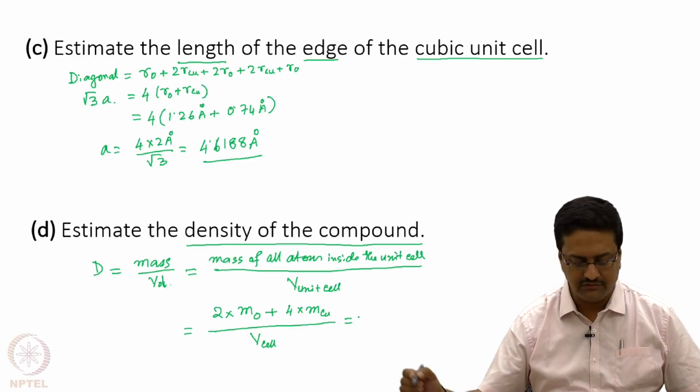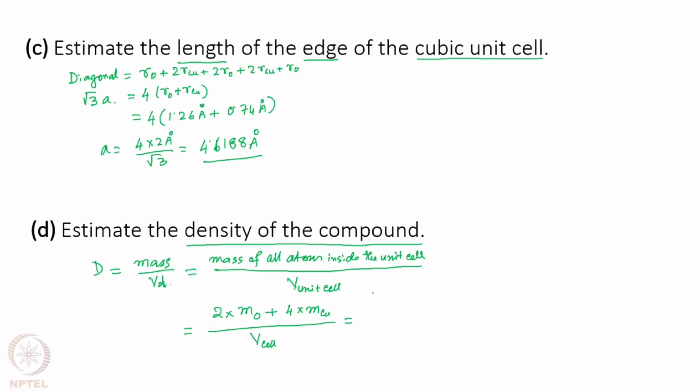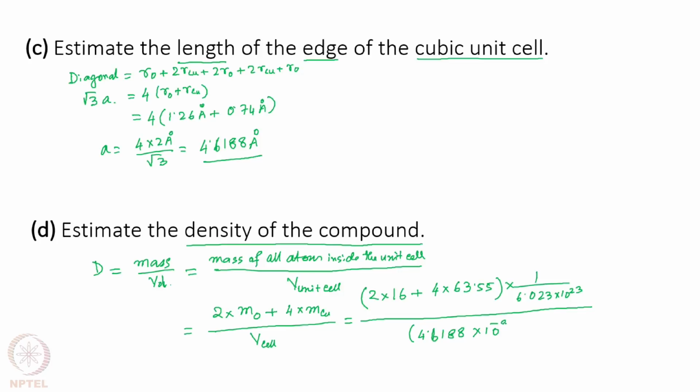So we can write it as 2 into 16, which is the atomic weight of oxygen, plus 4 into 63.55, which is the atomic weight of copper. This is the molar mass. So the mass of one atom is divided by Avogadro number, divided by the total volume of the unit cell, which is 4.6188 into 10 to the power minus 8 centimeter whole cube.